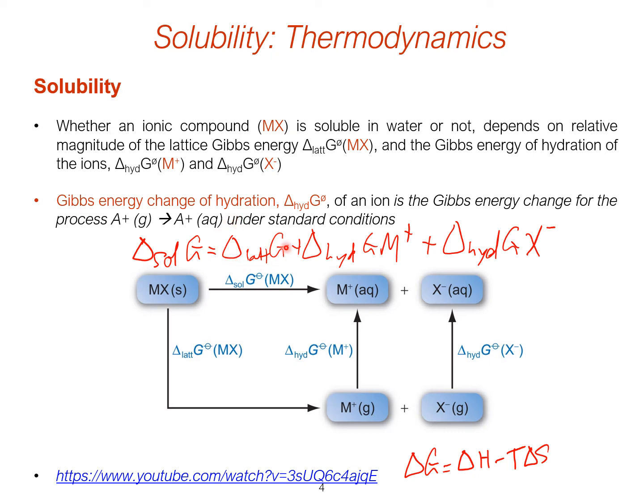So delta G lat is large and positive, and delta G of hydration of both of the ions is also a large value, but this time negative. So we've got a large positive term minus two large negative terms, and that ends up giving us quite a small value of delta G.